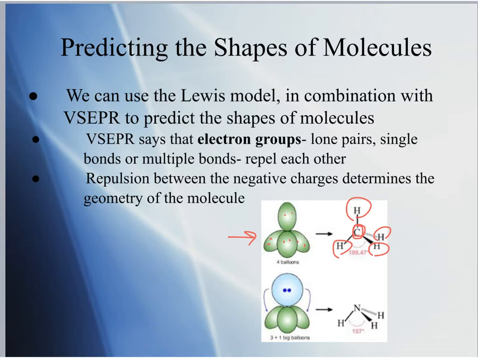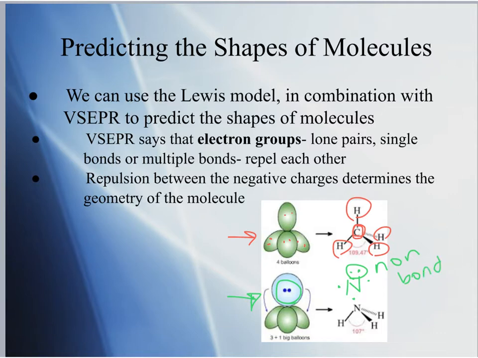Okay. Now the second one also shows the VSEPR model, but here there is a lone pair. For example, when you do the Lewis dot structure for nitrogen, nitrogen has 5 valence electrons, so we do the first 4, and then we pair that last one up, and this is a non-bonding pair.